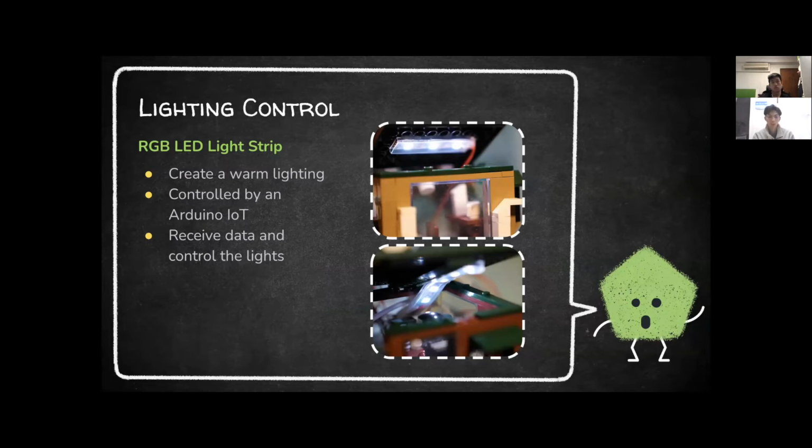And this is an RGB LED, and we can control the temperature of the light, so we can create warm lighting.